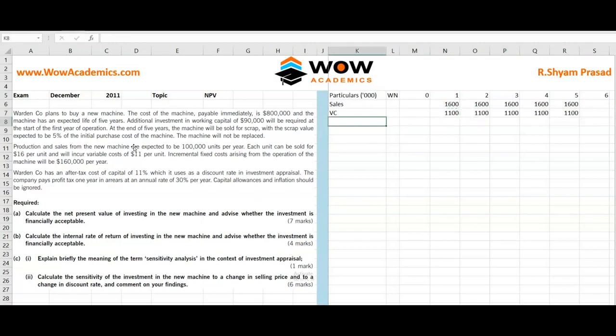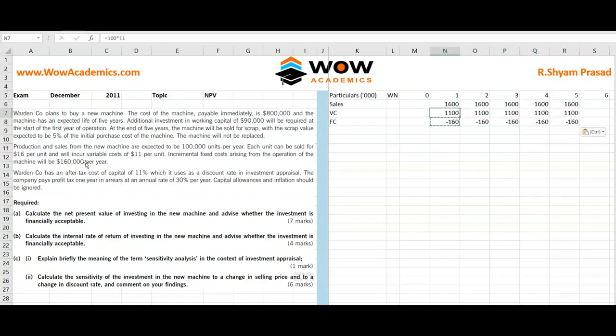The next one is fixed cost. Here they say fixed cost is going to be 1,60,000 per year. We'll cut 3 zeros in thousands and it's going to be 160. So we'll copy that and paste it.